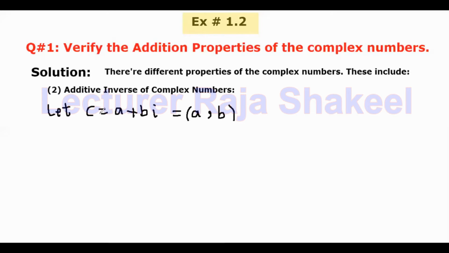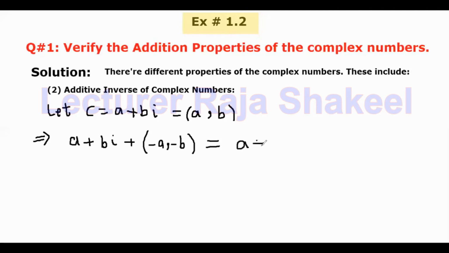This was already told to you. Now if we add minus a minus b iota, then a plus b iota is being added with minus a minus b iota.